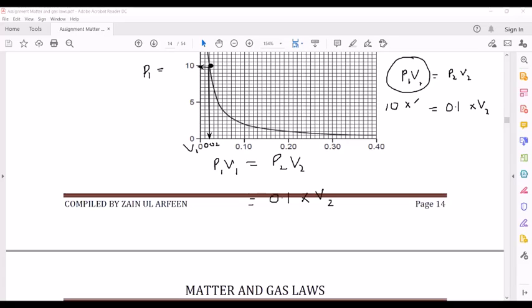Then the first volume, according to that, is 0.02. And just solve, it will be 10 multiplied by 0.02 divided by 0.1. What's the final answer? 10 multiplied by 0.02 is 0.2. 0.2 divided by 0.1 is equal to 2 meter cube.